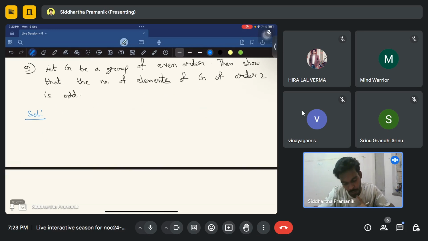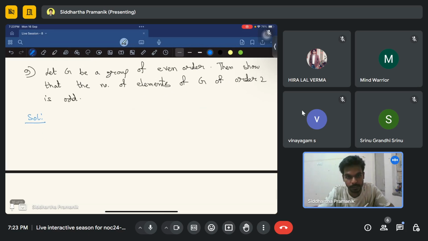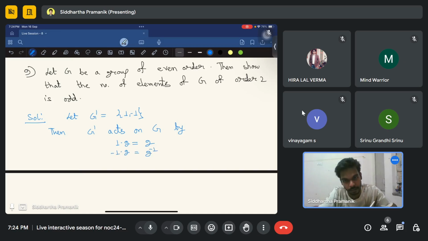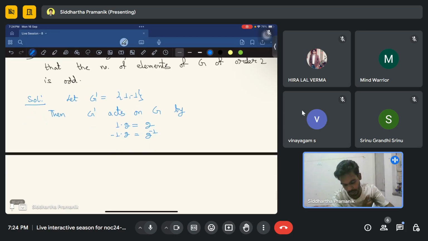In the examples of group actions, I have given one example in which, let's say, G prime is the multiplicative group of two roots of unity. Then we saw G prime acts on G by 1 times g is g and minus 1 times g is g inverse, right? So this is a group action we have already seen.